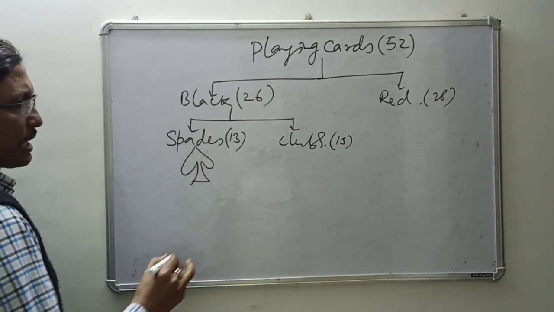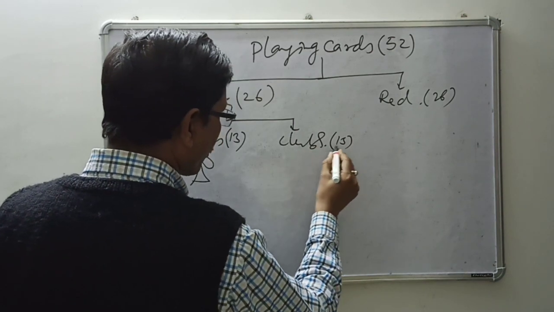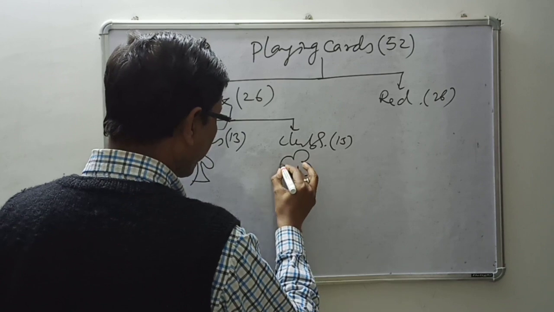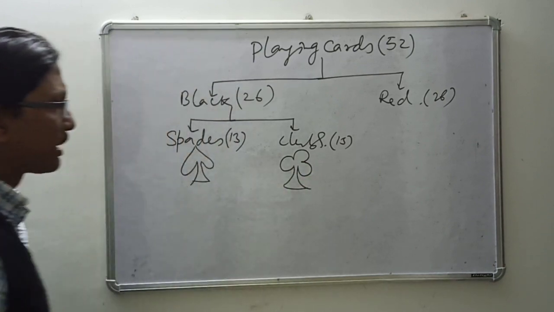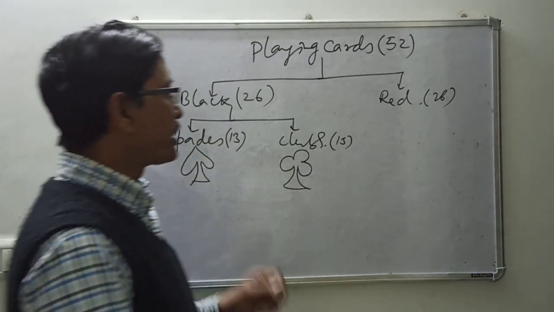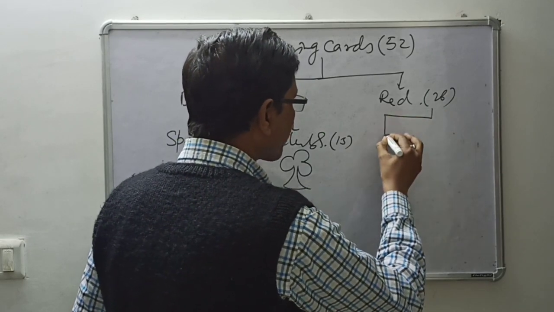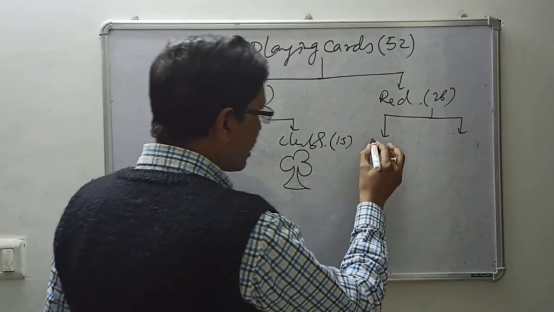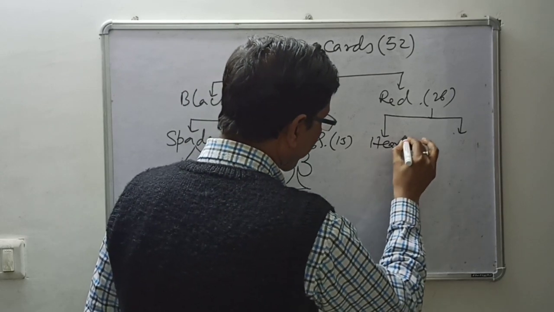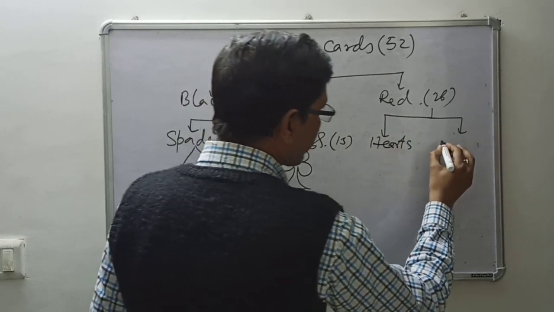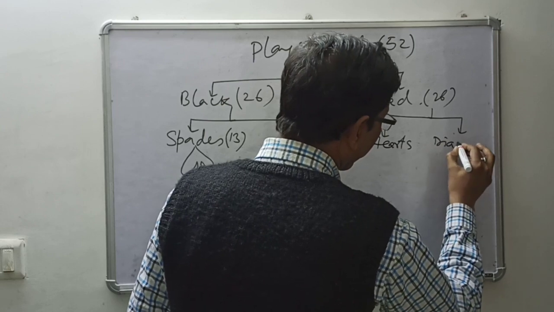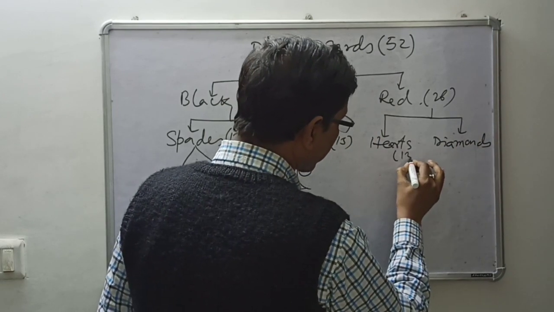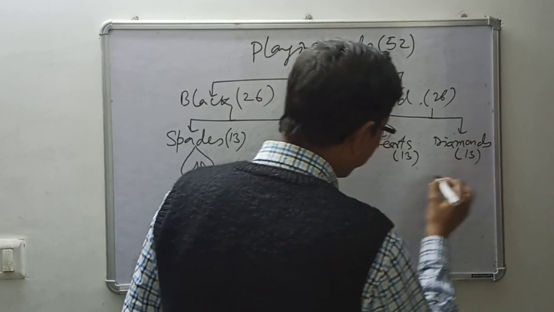In the red also we have two types of cards: one is hearts and another is diamonds. Hearts have 13, diamonds also 13.